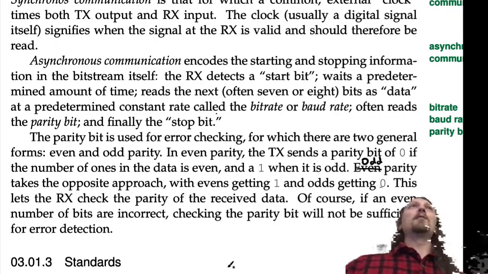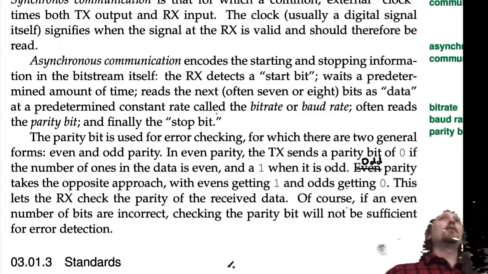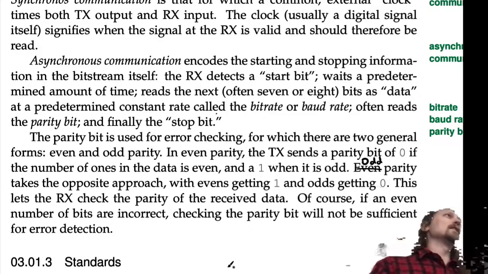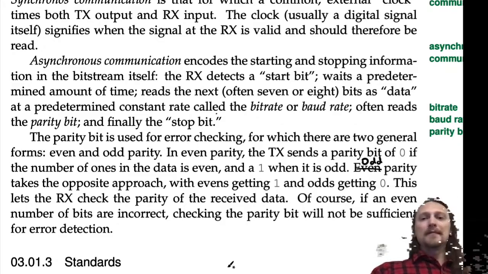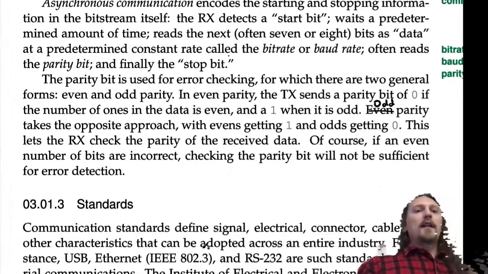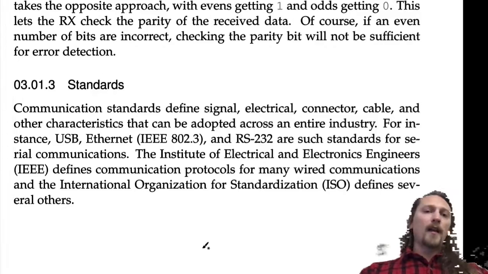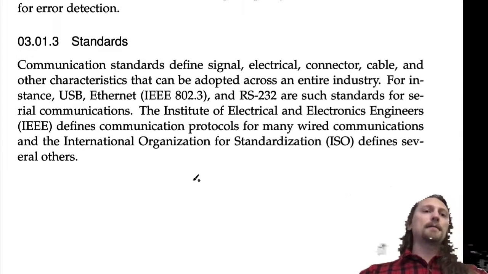So it detects 1 error well, it detects 3 errors well, it detects 5 errors well, but the even number of errors, it doesn't do so well. So that's a little bit about the parity bit, why we use it, and how it gets sent.